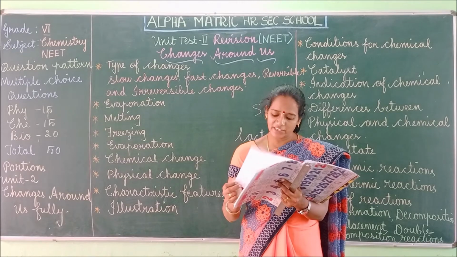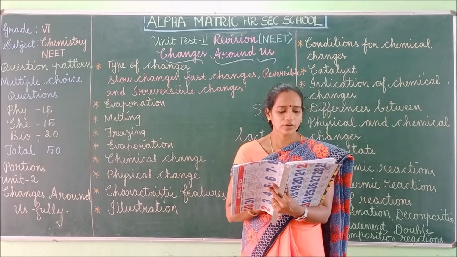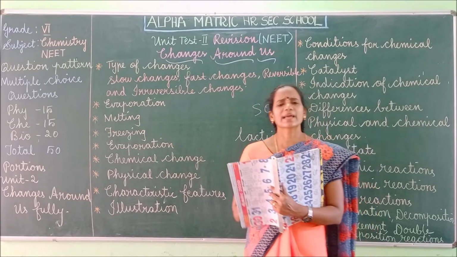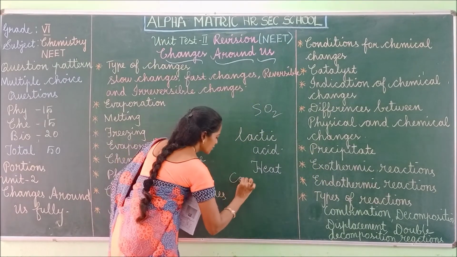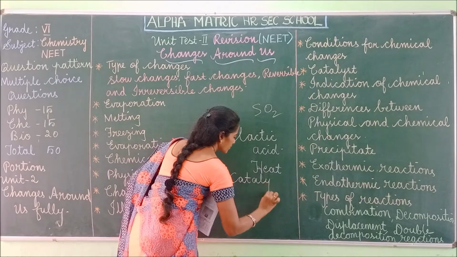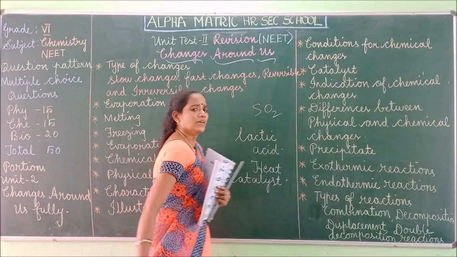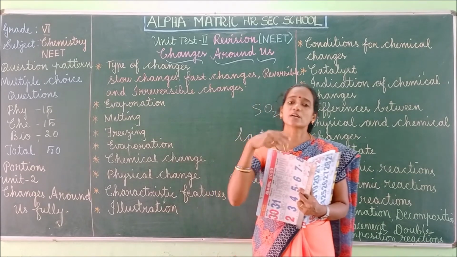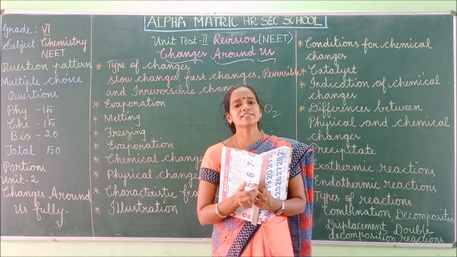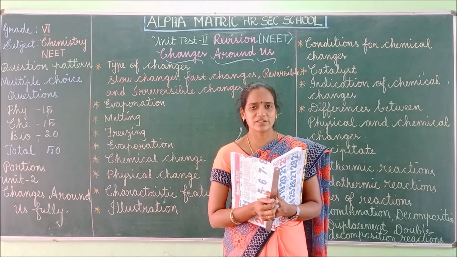Next, turn to page number 22. Okay, so what is meant by catalyst? Catalyst means what? In some industries, some chemical substances are used to alter the speed of a chemical reaction.